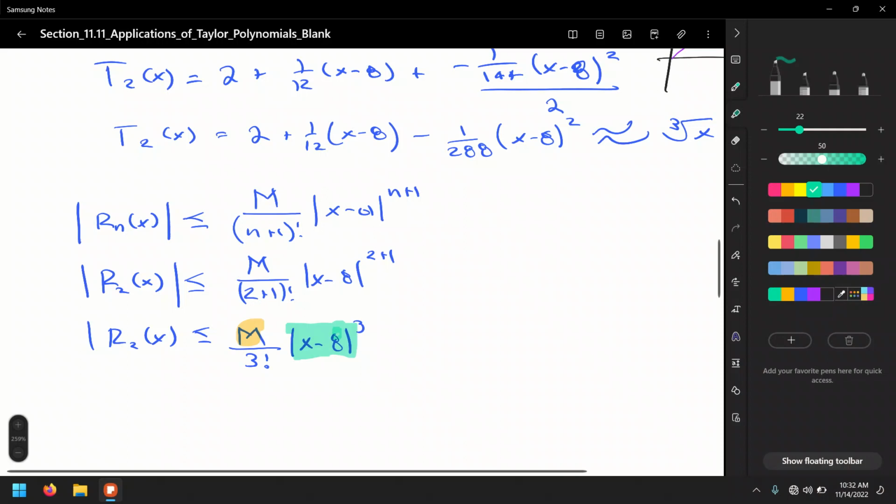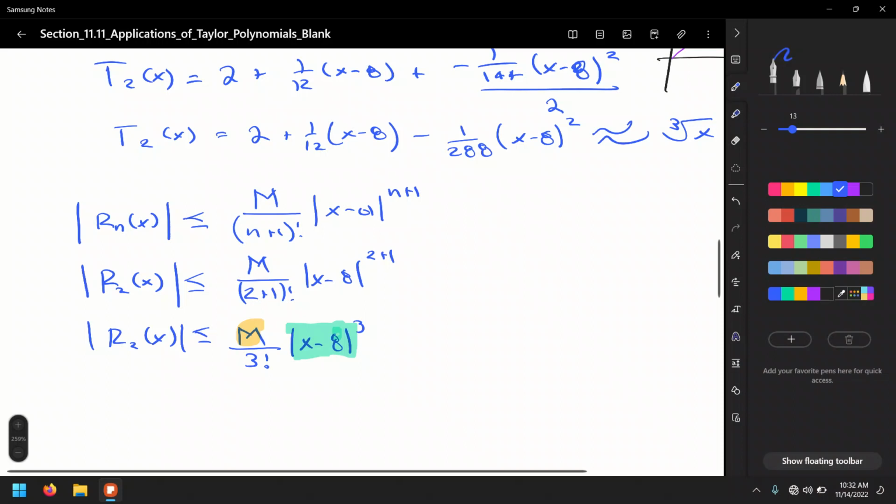Now, since we want the inequality of the form absolute value of R sub 2 less than or equal, well, in this case it has an absolute value because it's an interval. We want to make sure that we have that sense of interval by having this absolute value to break it up into two quantities.